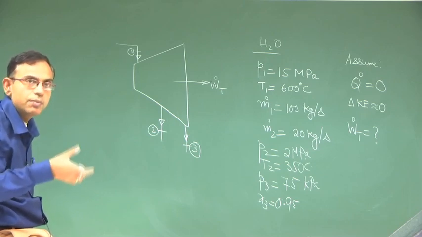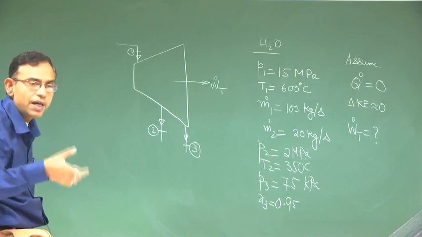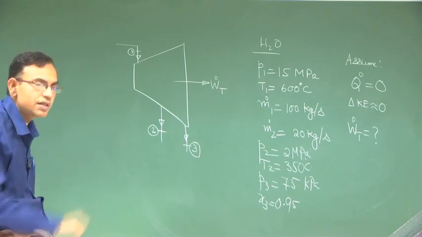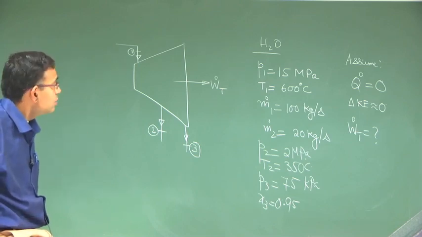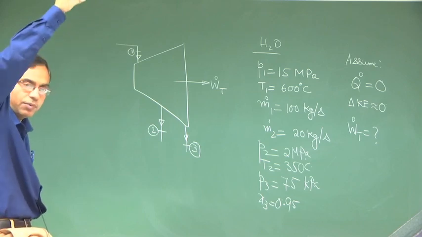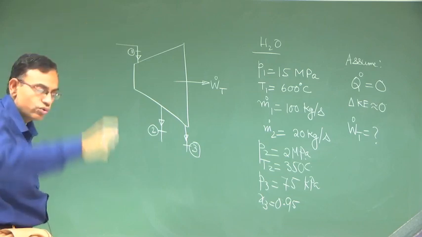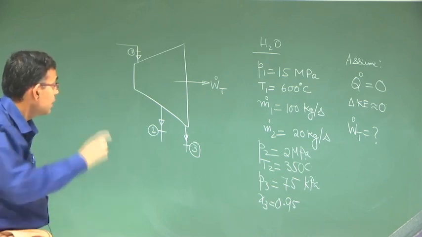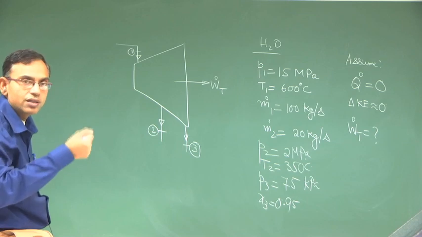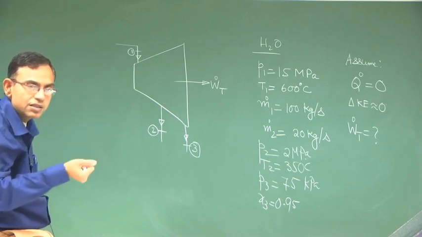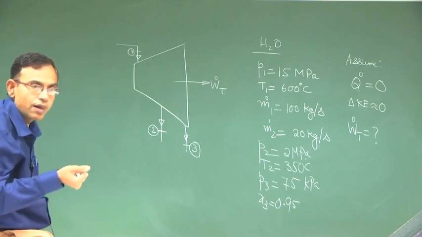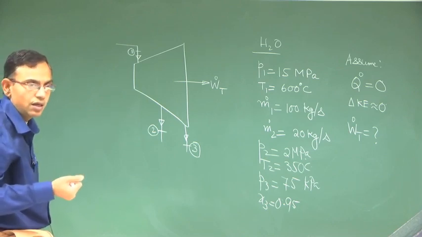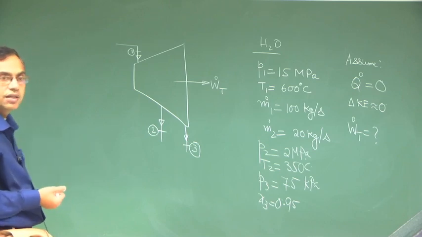In those cases the turbine blades are not really called blades, but they are equivalent to the blades of the steam turbine. If water is falling from a very high height to a low height, then obviously the change in potential energy is important. In this case it is not the gravitational energy head converted into power, but the thermal energy converted into power, and that is why the potential energy change is neglected.